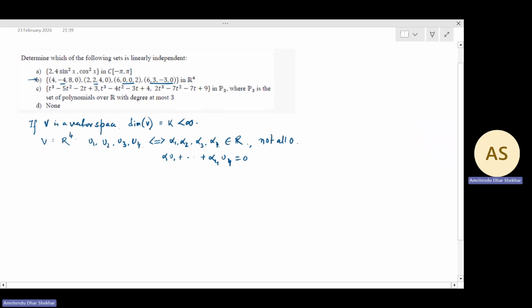Now how do you check whether these constants exist or not? There are a couple of equivalent ways of doing this.